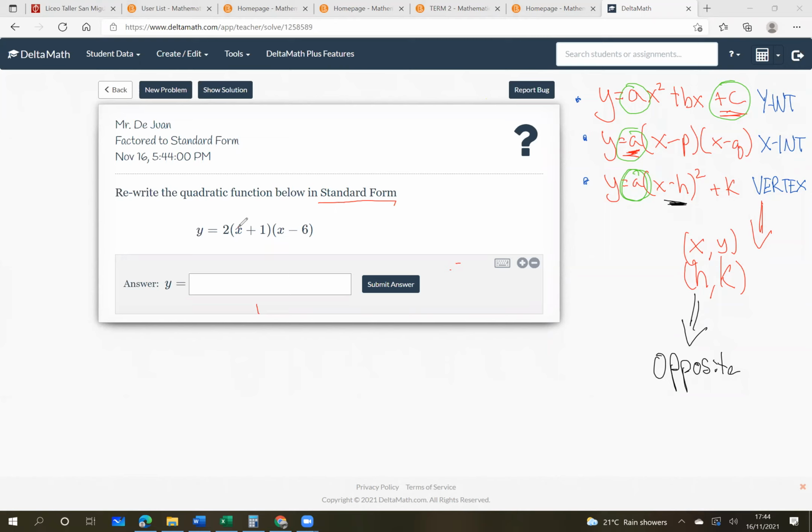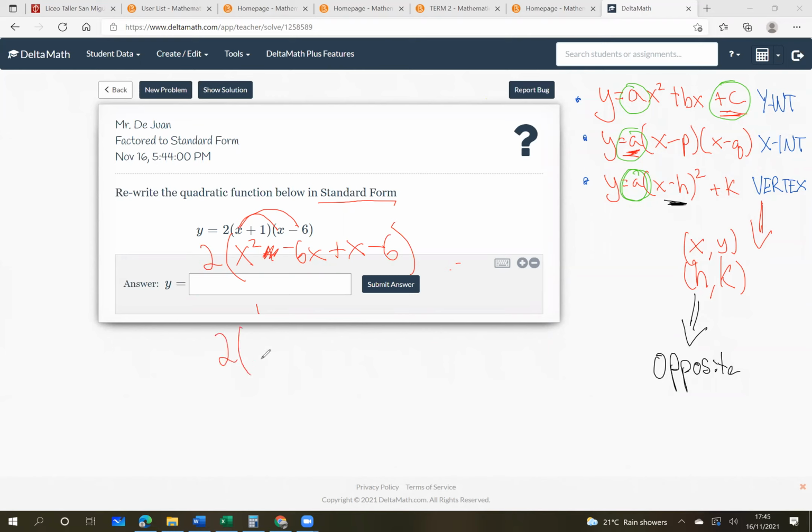So what do we do here? We're doing x and x, so x squared, plus 5x, minus 6x, and minus 6. Okay, x squared minus 5x minus 6, and we have to multiply that by 2.